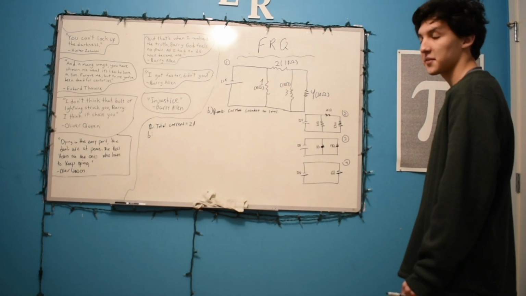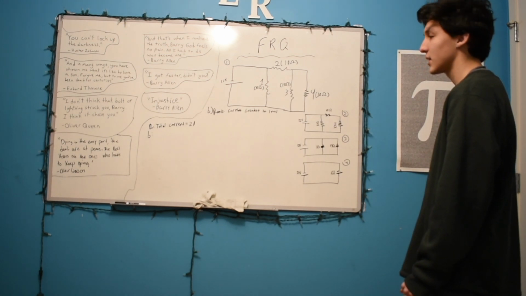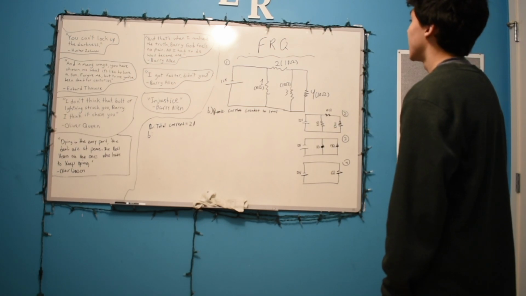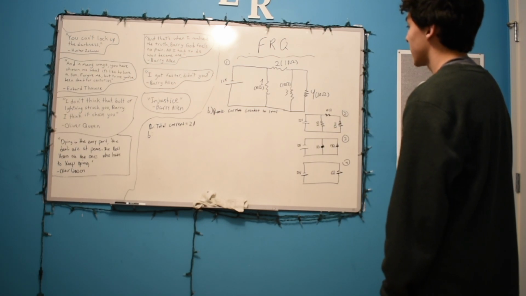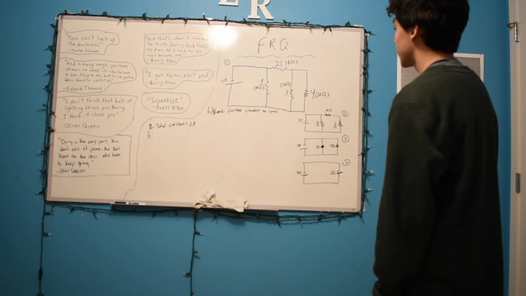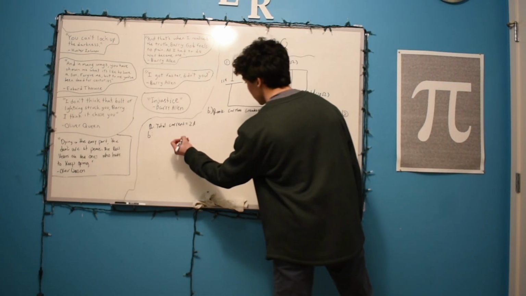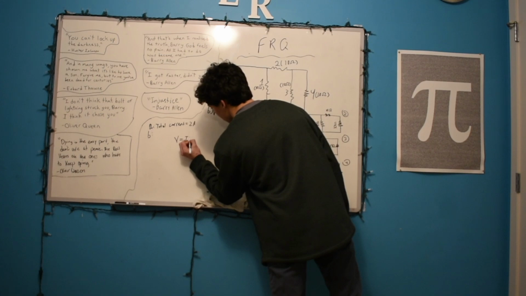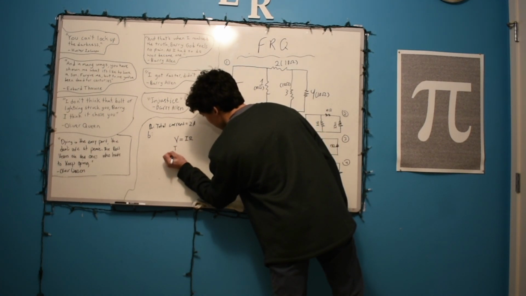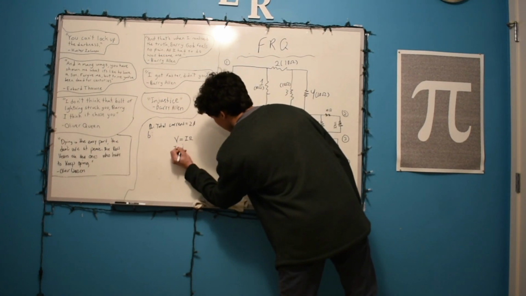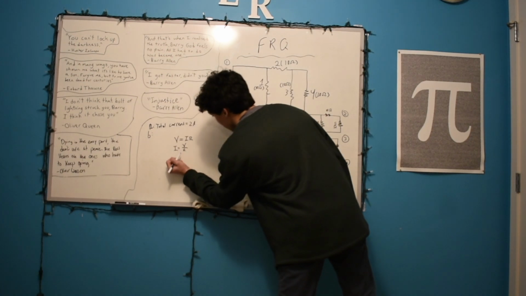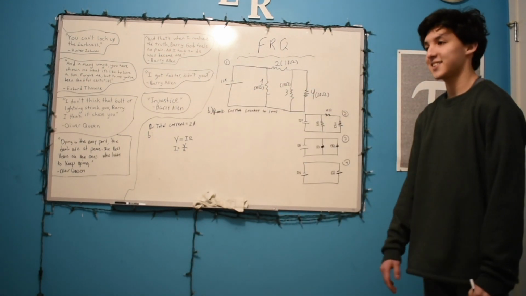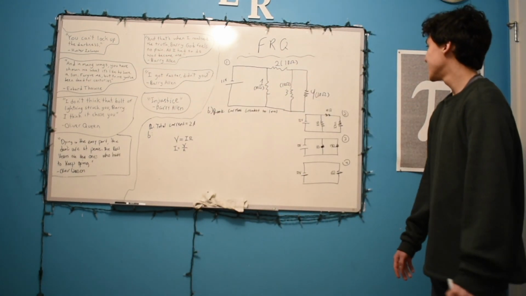For us we wrote it all out, but as long as you can figure it out mathematically, that should be enough. I have to rank the current. And current is, well, V equals IR, Ohm's law, so this is V over R. Right? Good job!